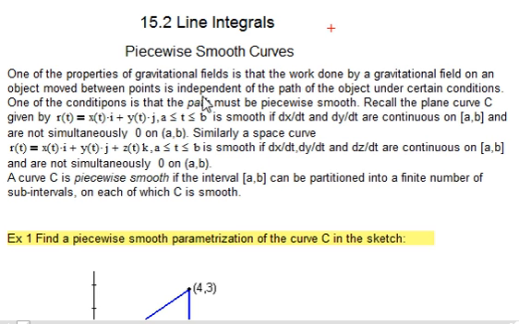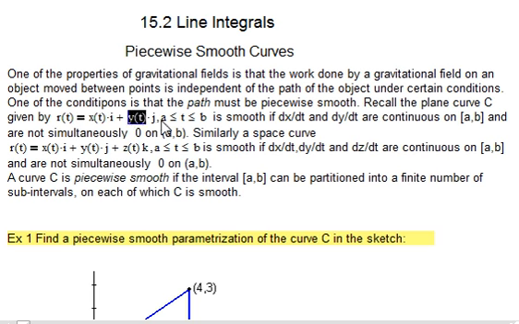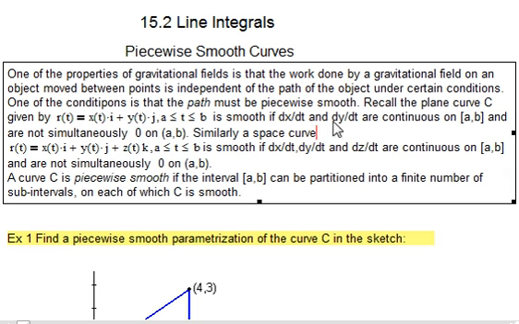And if you have a piecewise smooth curve, you can see the definition of it here: it's smooth if the derivatives of the i part and the j part are continuous on an interval and not simultaneously zero on an interval.